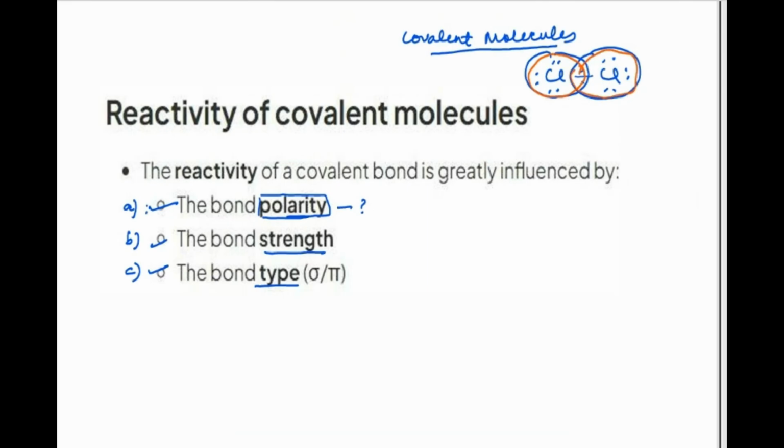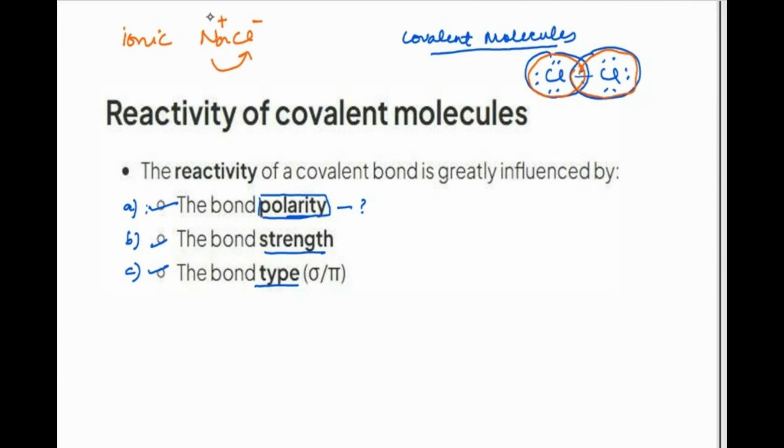Then where does this polarity come from? So from a previous understanding of ionic compounds, we know that if I talk about sodium chloride, I have a sodium ion and I have a chloride ion. Now, these ions are formed because sodium has transferred its electron to chlorine, and chlorine has accepted that electron.